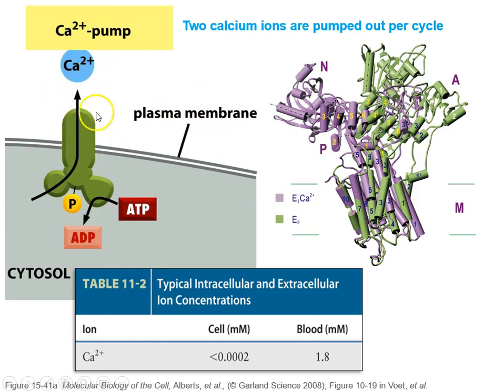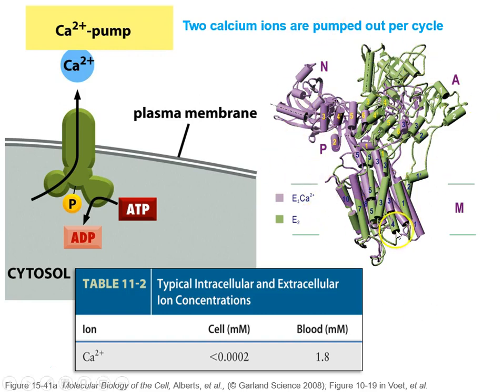This is showing the calcium ATPase in the plasma membrane. And again, the pump is going to be phosphorylated, so we need ATP to do that. And then that keeps the cellular concentration of calcium very low in relationship to the concentration of the calcium outside of the cell.